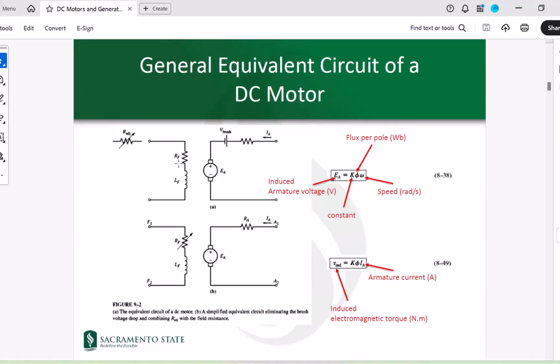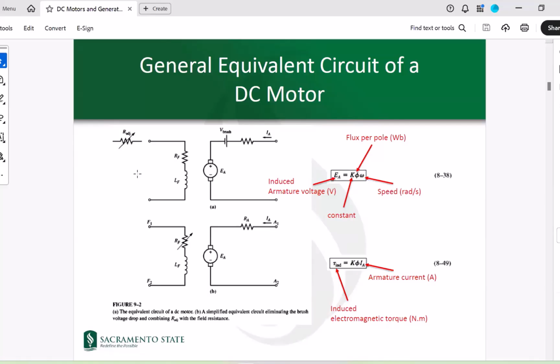But RF can be in series with an adjustable resistance in order to control the speed of the motor. So that R adjusted plus RF can sometimes be represented as a variable RF, which is the resistance inside the excitation circuit that we can use in order to control the motor.